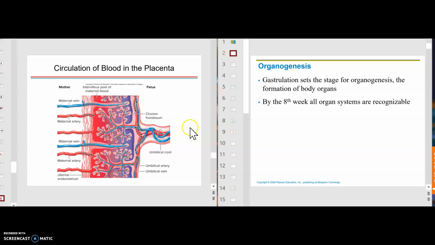So the kid is sending blood this way and then picking up an exchange. So his blood is deoxygenated, okay? But however, because it's coming from the kid and leaving the heart, it's an umbilical artery, but it's deoxygenated. And then it will pick up oxygen and come back in the umbilical vein area and go to the kid.